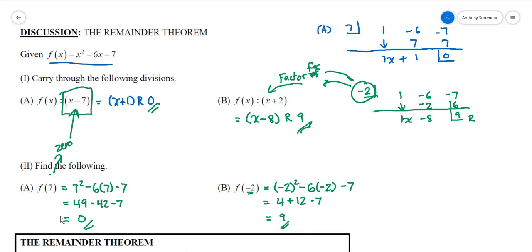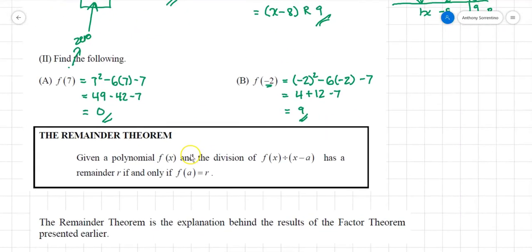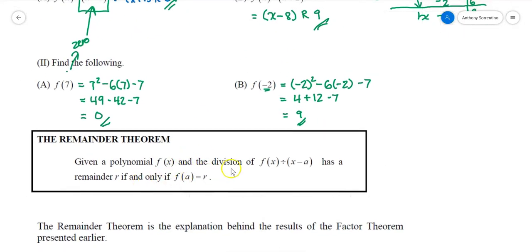going to be when all is said and done, as long as we're talking about linear binomials with a leading coefficient of 1. And that's what the remainder theorem basically states. Given a polynomial f of x and the division of f of x divided by x minus a. X minus a, of course, binomial, 2 terms, linear because x has a power of 1, leading coefficient is 1.